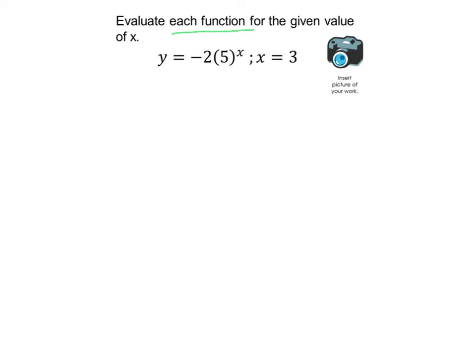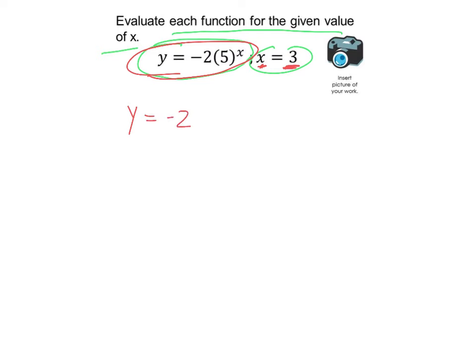Okay, evaluate each function for the given value of x. So this is my function. This is my given value of x. You are going to plug 3 in for x in this function. So y equals negative 2 times 5 to the x power. X is being replaced with a 3. Okay, order of operations. We do exponents first.